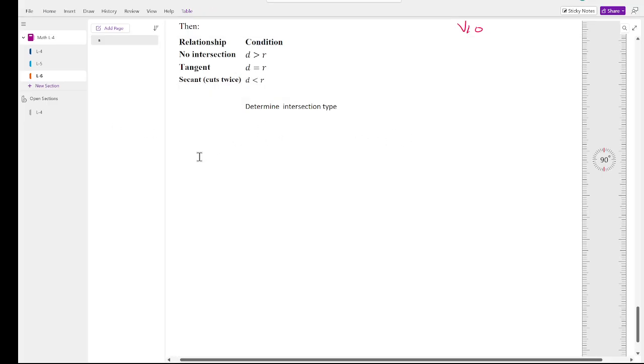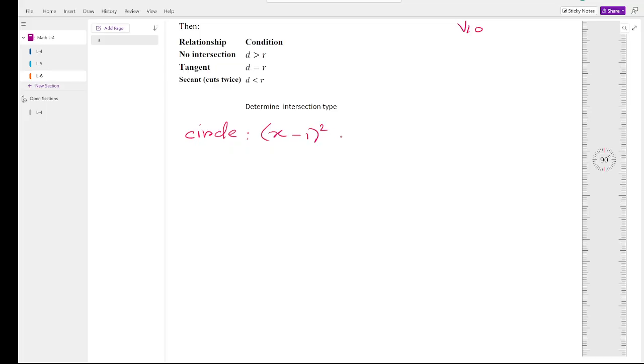The equation given was wrong. The circle is (x minus 1) whole square plus (y plus 2) whole square equal to 20, and the line is 3x minus 4y plus 7 equal to 0.